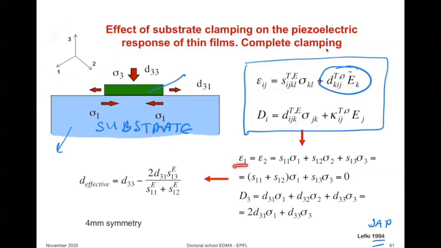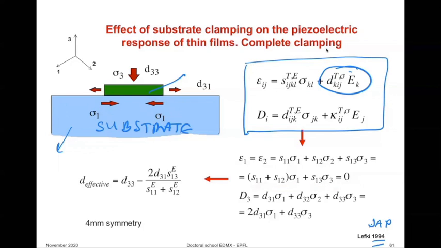So strains epsilon 1 and epsilon 2 by boundary conditions must be equal to 0. And these are the stresses that are acting on the film, sigma 1 and sigma 2, which are these reactions of the film on the rigidity of the substrate, and the application of sigma 3.